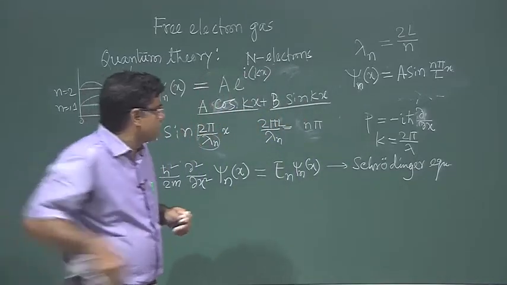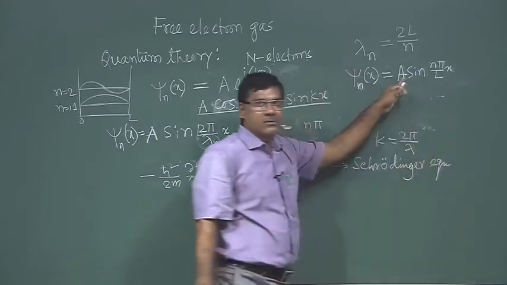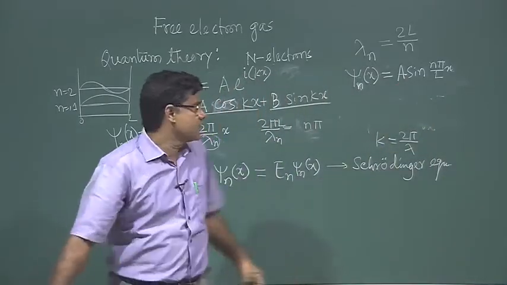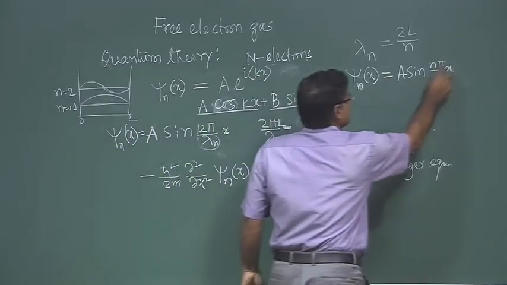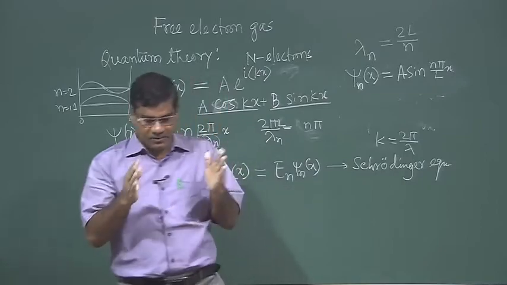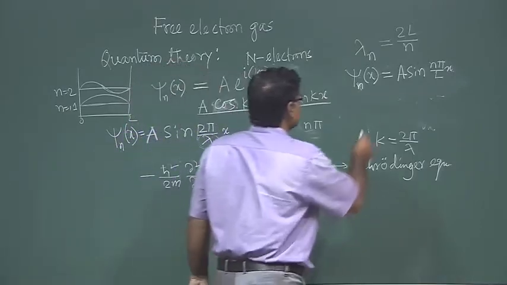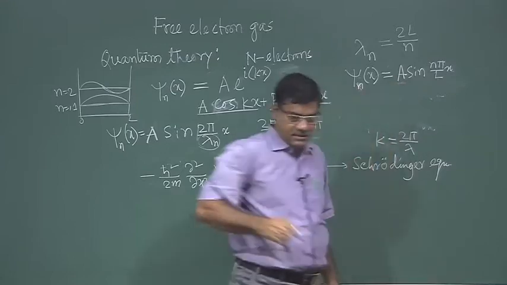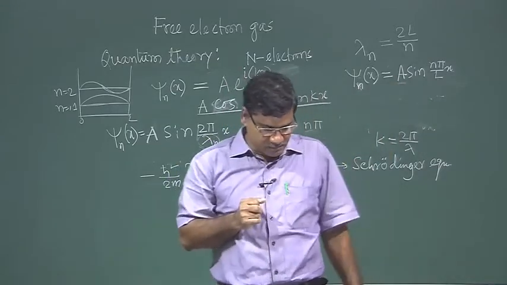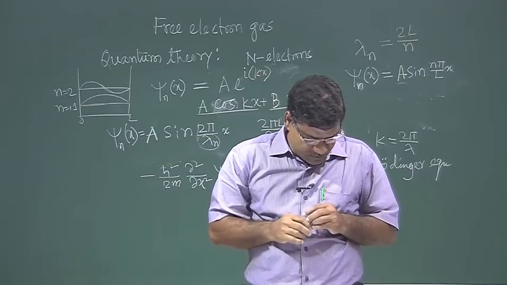Now here, that A is still unknown to us. The other side is known, it is in terms of L, the dimension of our system, which is known to us. Now, A still is unknown, so that one has to find out.